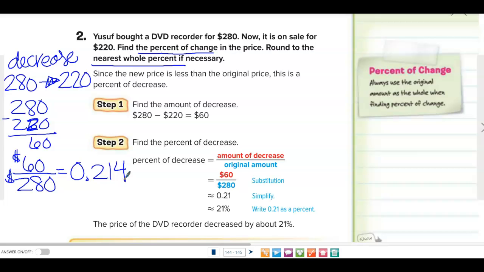Lakin, can you change that into a percent for me? 21.4 percent. Good. And then round that to the nearest whole percent for me, Emma. Can you round that to the nearest whole percent for me? Yes. 21, because the 4 tells the 1 to stay the same. So 21% is our final answer. Questions?